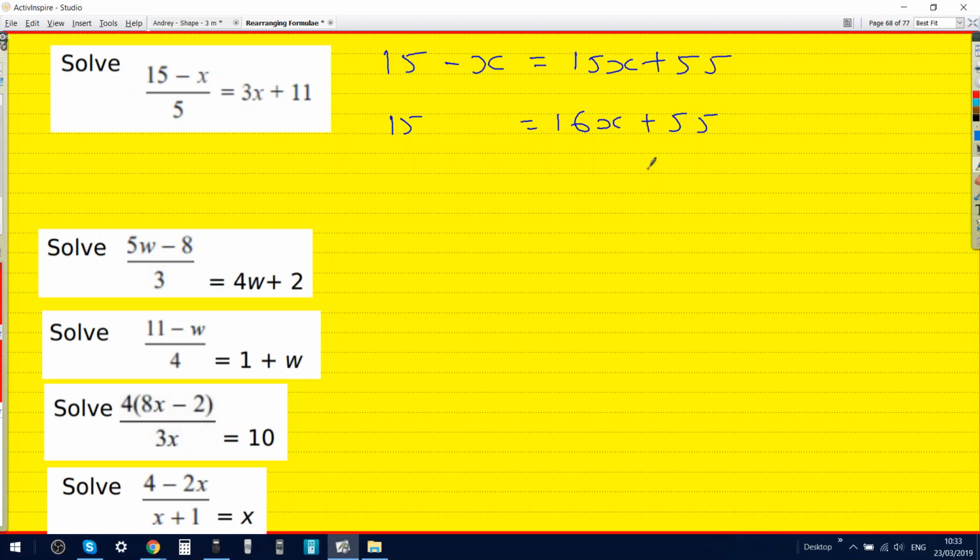And then you would have to take away 15 from 55, and that is minus 40. And then you would divide it by 16. So that would be x equals minus 5 over 2. That's 5 over 2.